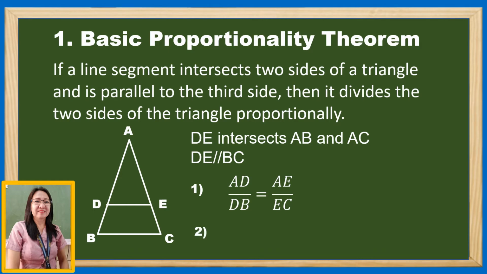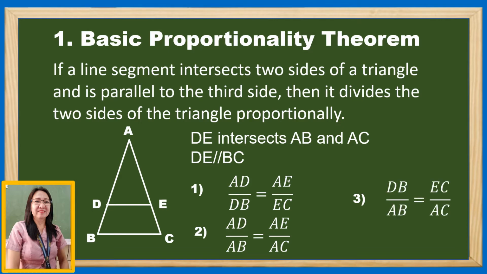Another is the proportion from one part to the whole, such as AD is to the whole segment AB and is equal to the right side, AE is to the whole segment AC. At the same time, the third one pertains to the other part to the whole segment. So we have DB is to the whole segment AB and is equal to the part EC to the whole segment AC. So these are the three possibilities in our proportion.